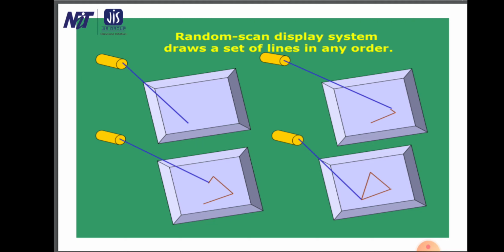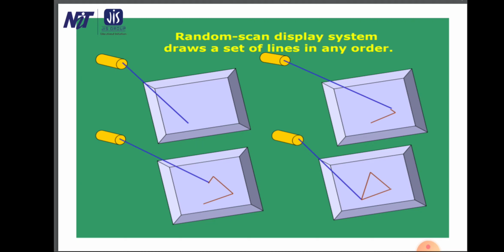We see that it starts illuminating, and then there is a second line. We keep on moving the beam, and you can almost see what I am trying to draw. I have finished the second line and am moving to the third line to draw a triangle.